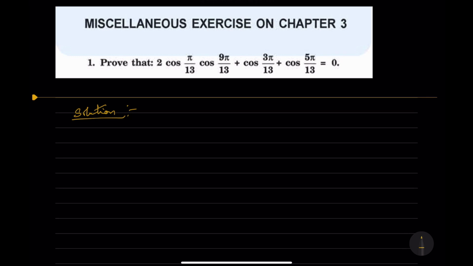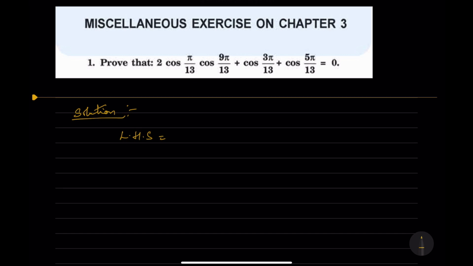So first we'll take the LHS. LHS is equal to 2 cos pi by 13 into cos 9 pi by 13 plus cos 3 pi by 13 plus cos 5 pi by 13. We have to prove that it is equal to 0.